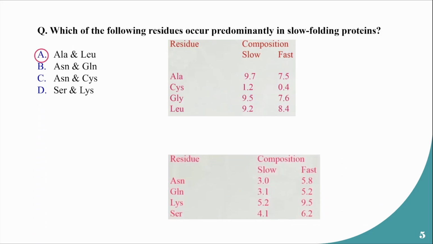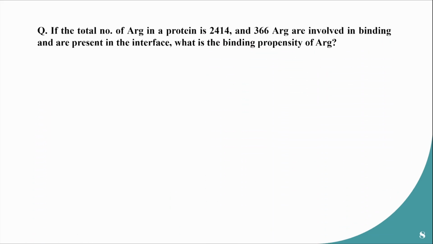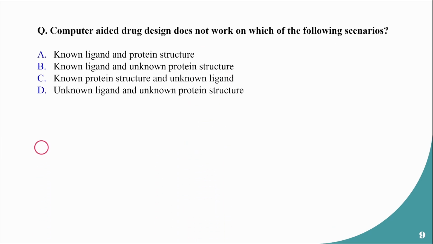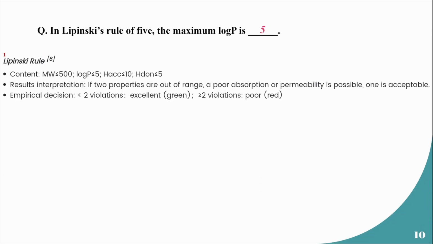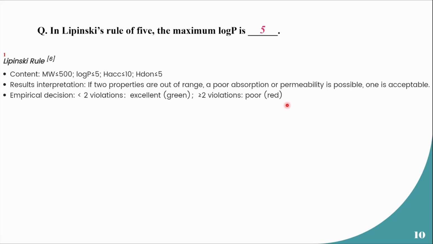Then we talked about protein folding, the calculation of free energy from the unfolded state to the folded state, binding propensities, computational drug design, and ultimately some of the physicochemical parameters or guidelines that are very useful while trying to identify whether a small molecule would be a good candidate for a drug or not.